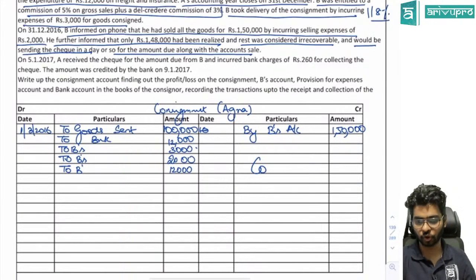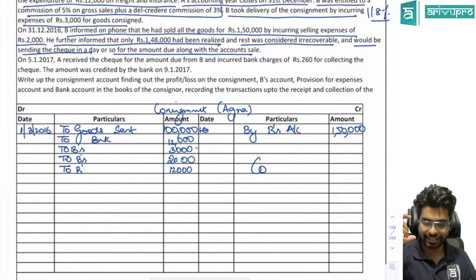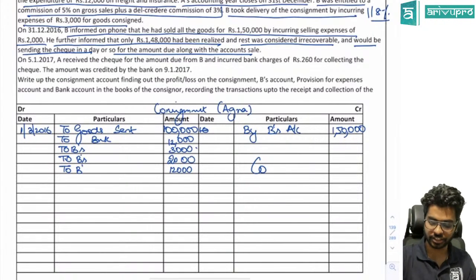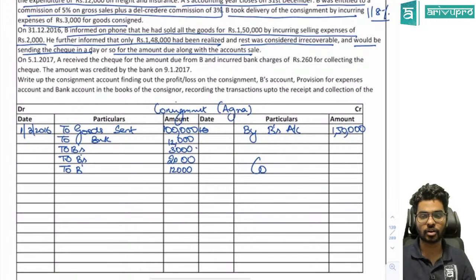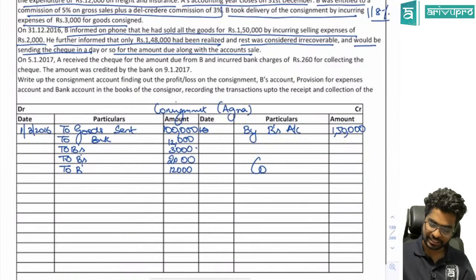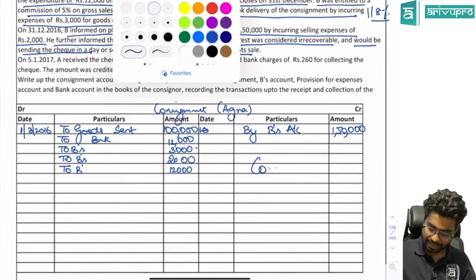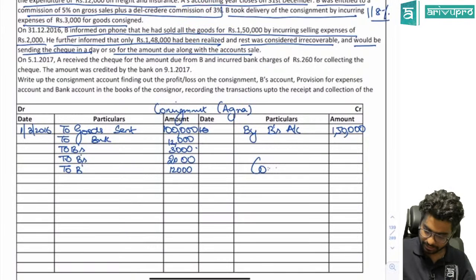The answer is no. Why? Because in the total commission, that bad debts is already taken into consideration. Therefore, consignment account does not get affected. Superb. So this I don't have to worry. We'll see later.